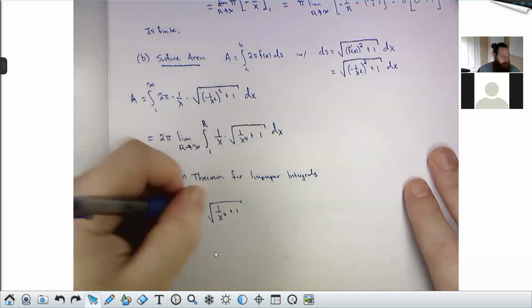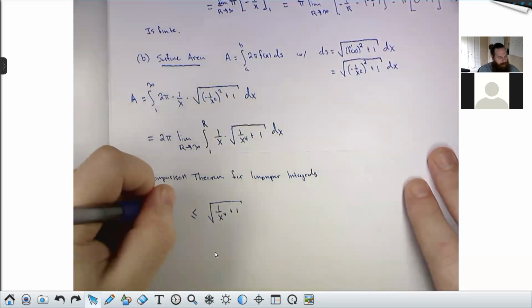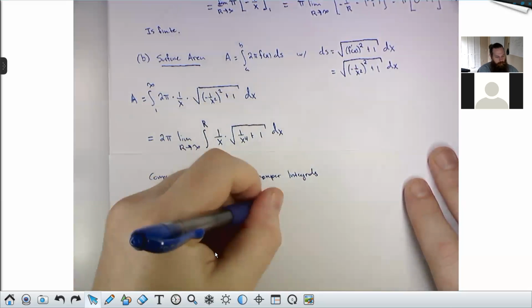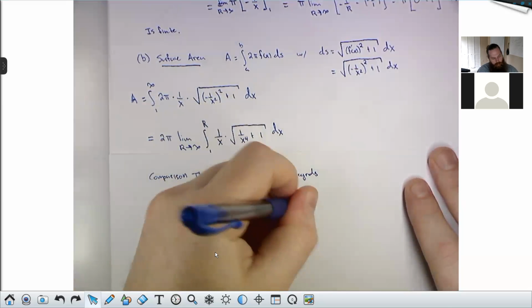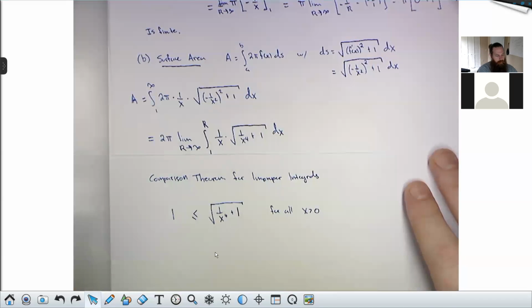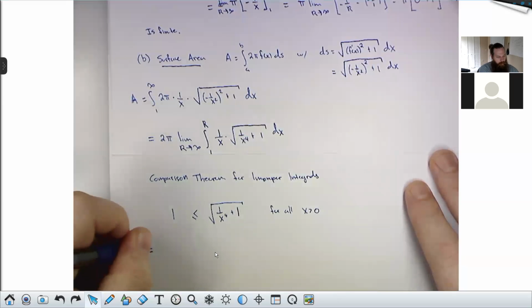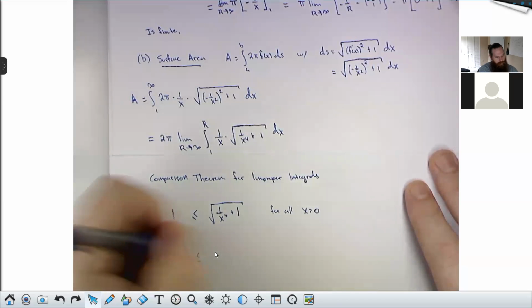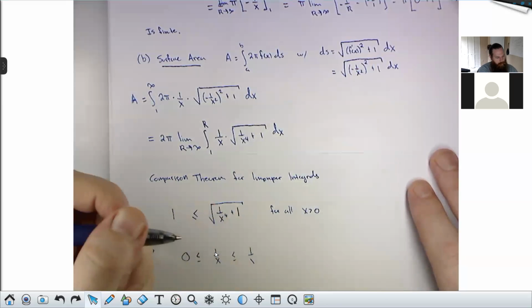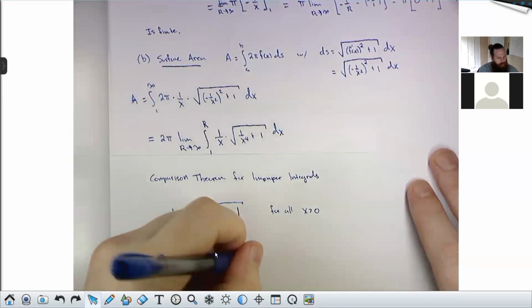This object is bigger than 1, because in this square root, you're taking 1 and adding something positive to it. This is true for all x bigger than 0, and definitely true for all x bigger than 1, which is what I need.